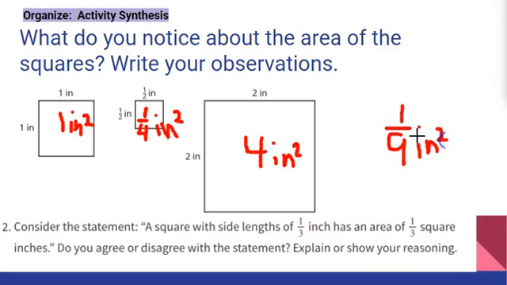And this goes back to what we were just talking about. The reason it's 1/9 square inches is it would take 9 of those squares that measure 1/3 of an inch on each side to make up a space that fills 1 square inch. And that's why it ends up being 1/9 of a square inch.